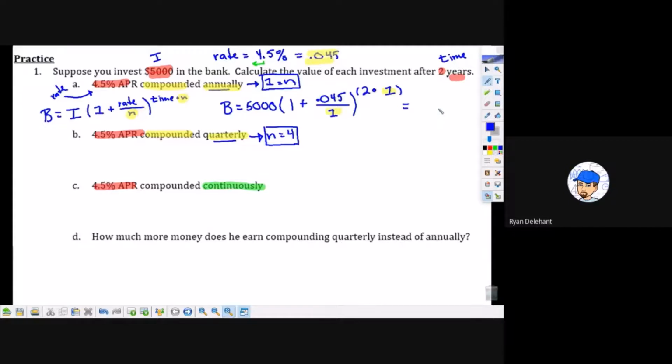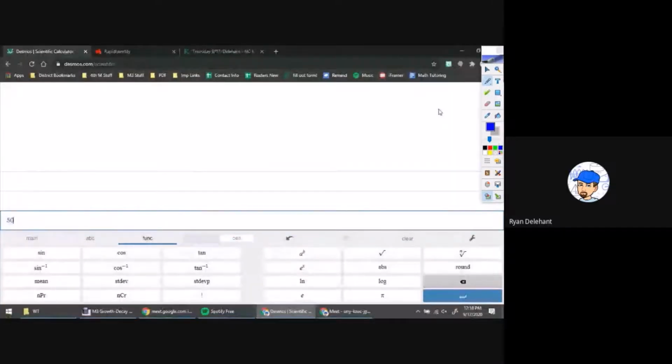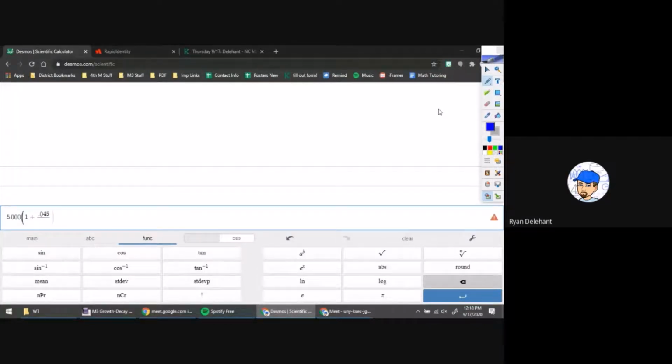I just want to get this exactly in and see what the answer would be out, and then I'll round it. So we need 5,000, 1 plus 0.045 over 1. So let me go back. This was 5,000, 1 plus, and when you get this fraction inside, type the numerator, go back and highlight it, then hit the divide key, and it'll just put that on divide. This was 1 underneath there.